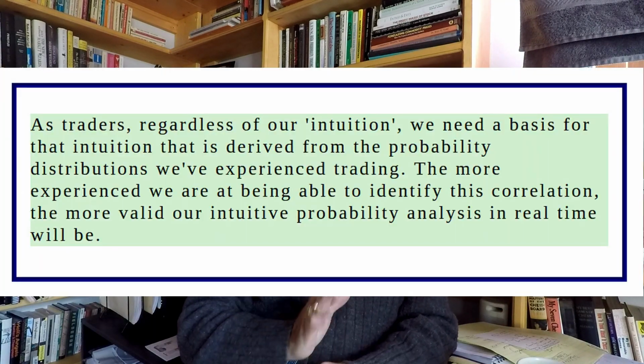It's 50-50. That's your probability. Are you going to bet your life on the flip of a coin that's a 50-50? I don't think so. Why would you risk your money? So you have to understand the value of your intuition that's based on your experience, which is foundation in probability distribution theory.